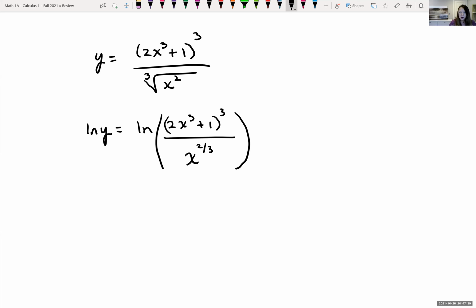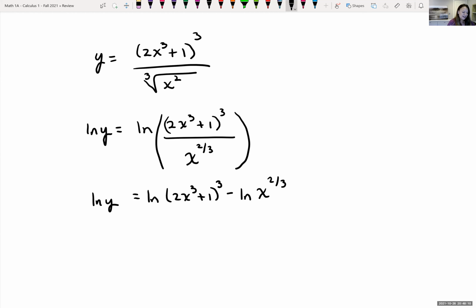So now we're going to use properties of logs to expand this. And the rule of logs is if we have a log of a quotient, it is equal to the log of the numerator, so 2x cubed plus 1, minus, in our case, natural log of the denominator, x to the 2/3 power. And my numerator was quantity cubed.